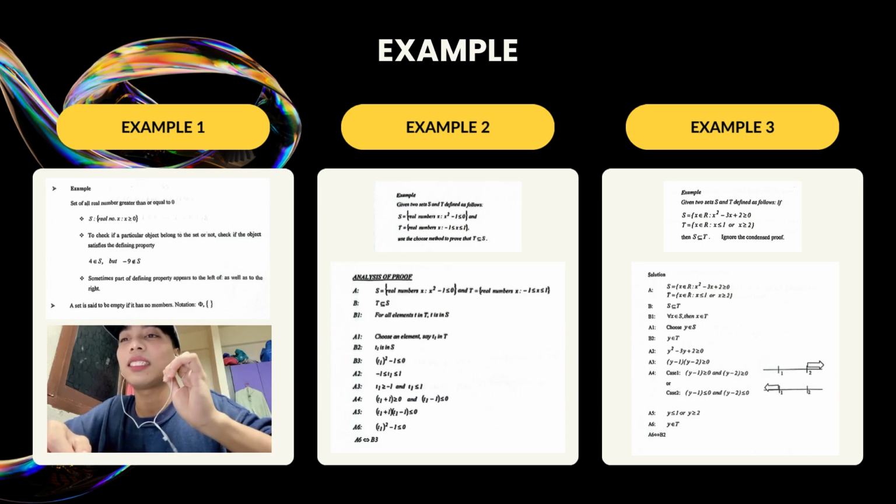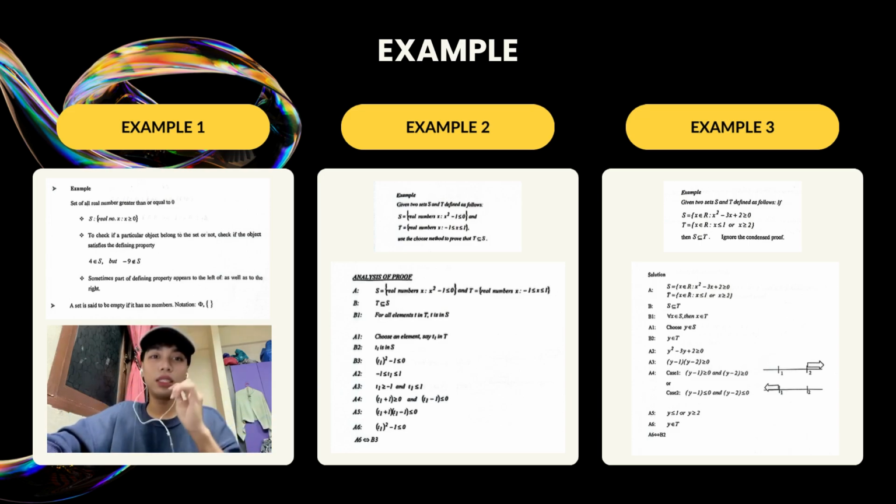Then S is a subset of T. Ignore the condensation's proof. So the solution is: A, S equals the set of x in R such that x squared minus 3x plus 2 is greater than 0. T equals the set of x in R such that x is less than 1 or x is greater than 2. B, S is a subset of T.